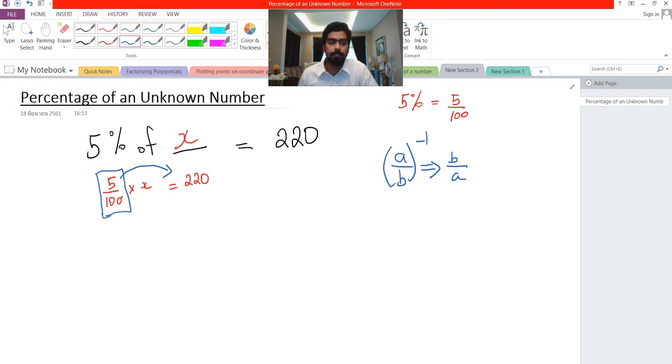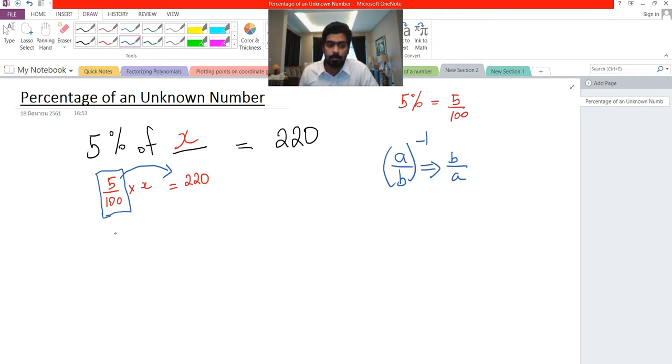So what do we have here? Step number 1, let us get rid of this denominator. We know that it is 5 divided by 100. When we transpose this 100 to the right hand side, it will change to multiplication. Everything else on the left hand side will be exactly the same.